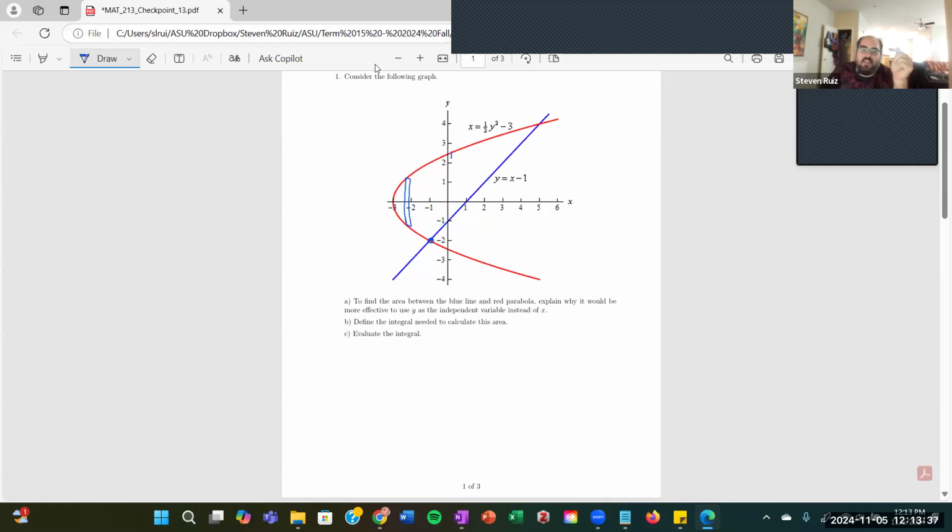But if I have these rectangles over here, then I'm comparing the height of this parabola to the height of this line. So if I set up this integral in terms of x, then I'm going to have one integral to the left of this dashed line and a different integral to the right of this dashed line. So I'm going to need two completely different integrals.